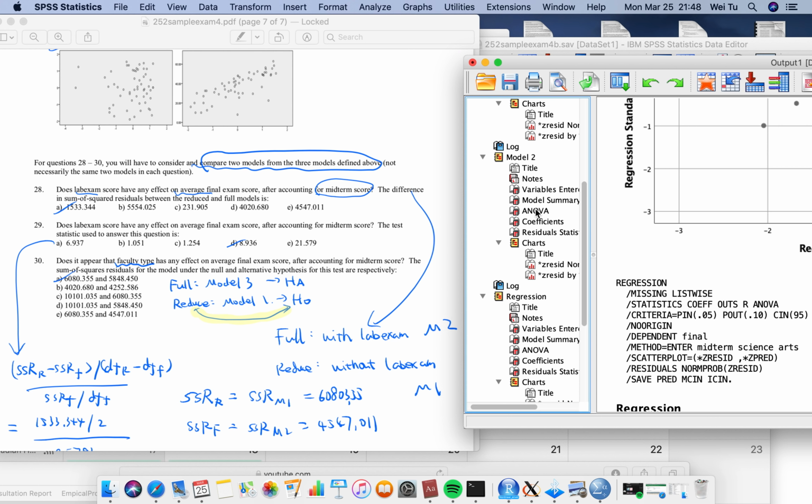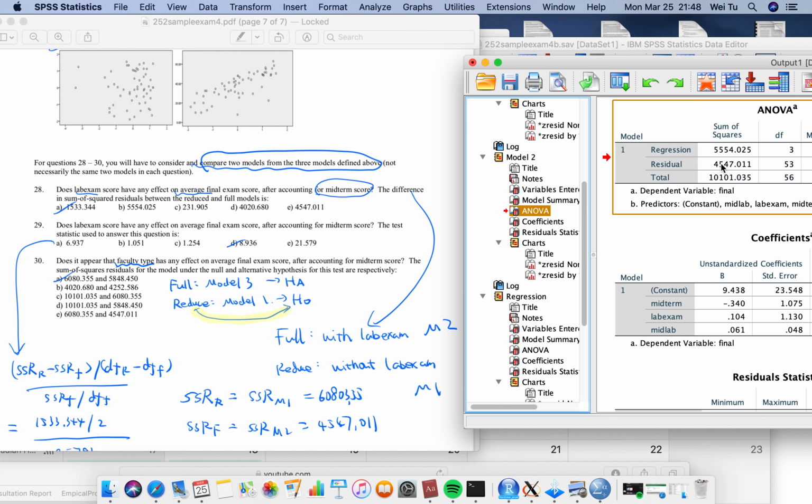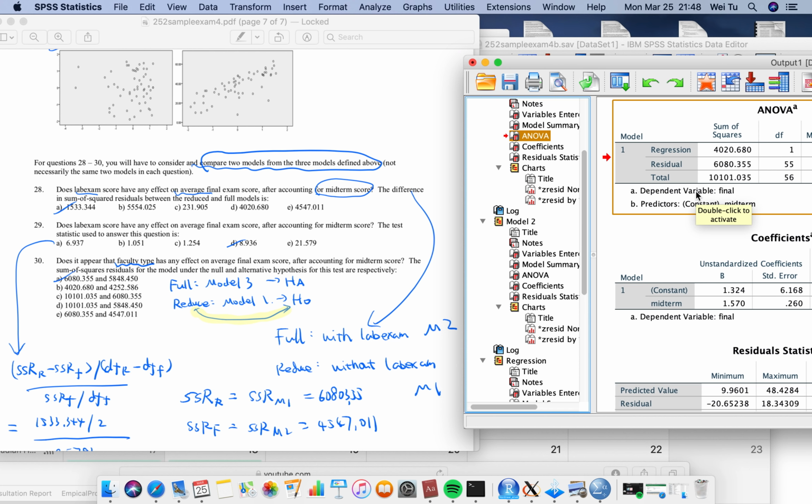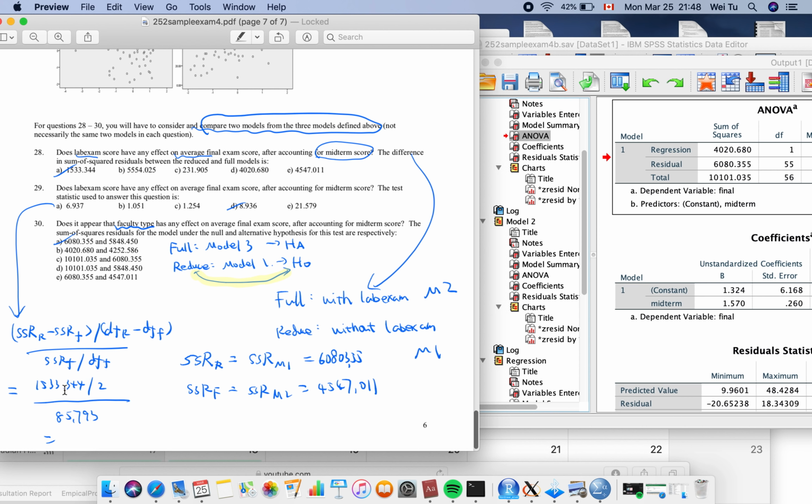In the model 2 ANOVA table, I have 4547. For the reduced model, model 1, the ANOVA table has 6080, and the difference is 15 something. And for the test statistic, again, use the formula. I'm not going to talk about it anymore.